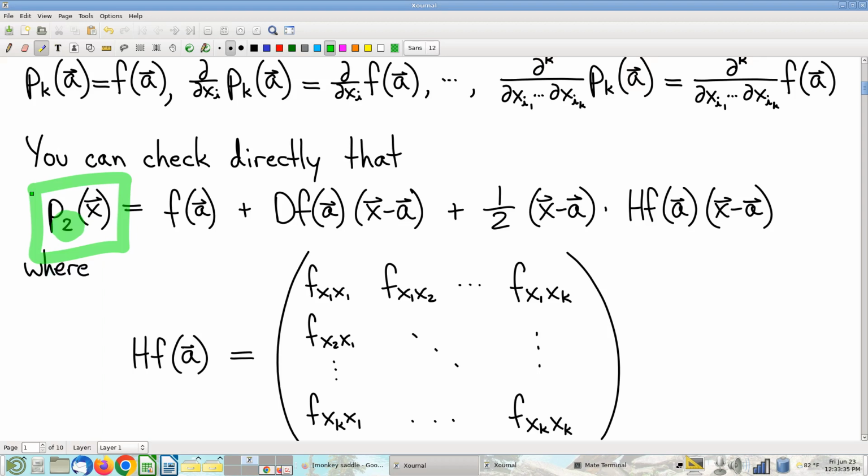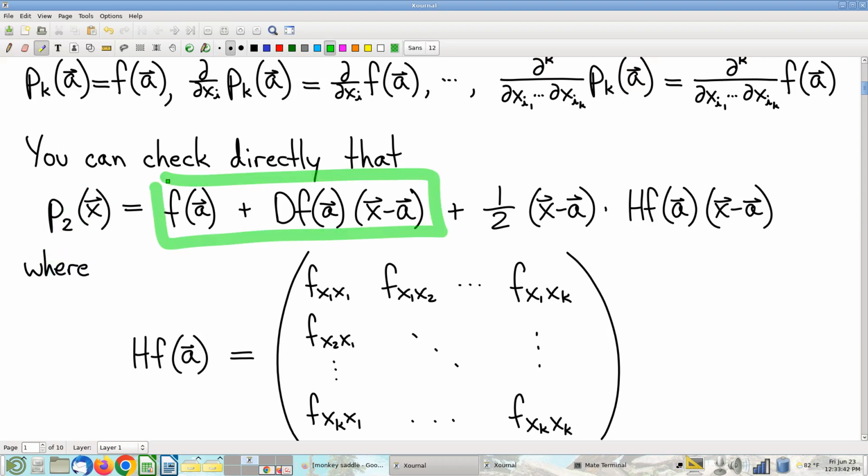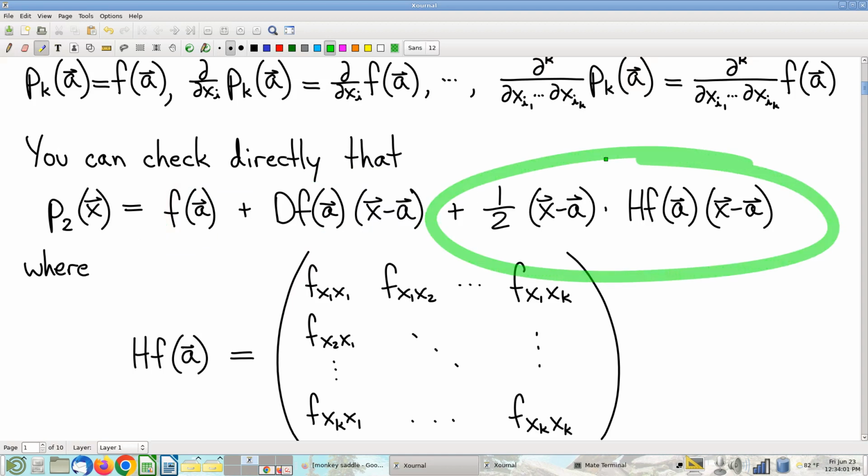And it's actually pretty believable, as follows. You'll even recognize the first two terms as being the linear approximation. Well, yeah, of course it is. That's a convenient fact in single variable calculus as well. The first order Taylor polynomial is the linear approximation. So, old news. And then there's really just the one remaining question, what is the second order term?